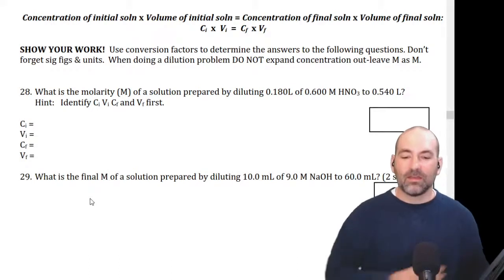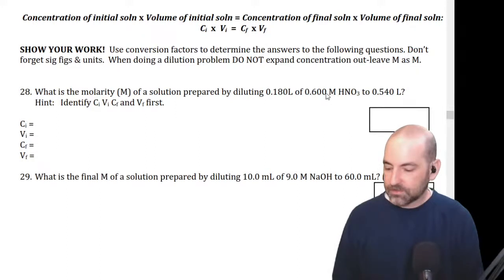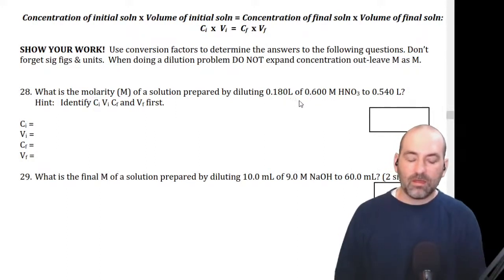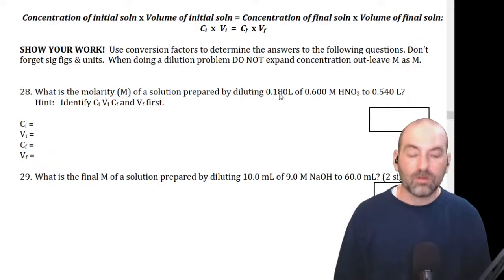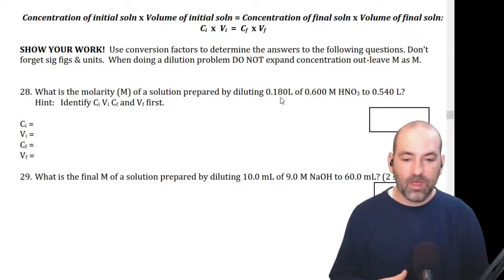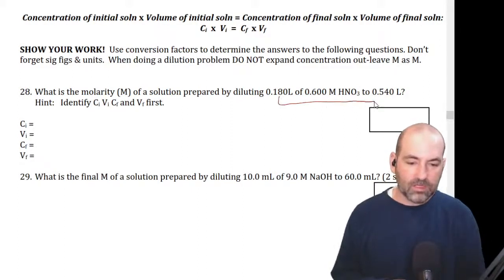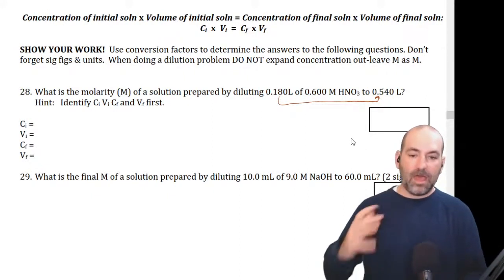We've got a 0.6 molar solution, that's our initial concentration, and then our initial volume is this 0.180 liters. So we've got 0.180 liters of a 0.6 molar nitric acid solution, and we're diluting it to 0.54 liters. So it's going from 0.180 to 0.54. So we're increasing the volume by adding water.